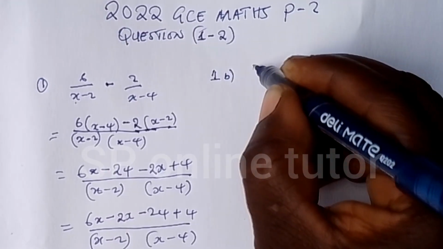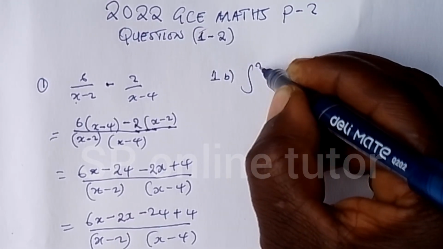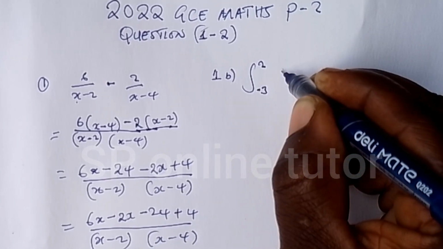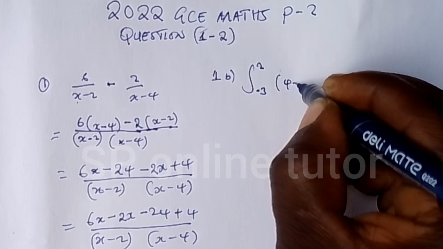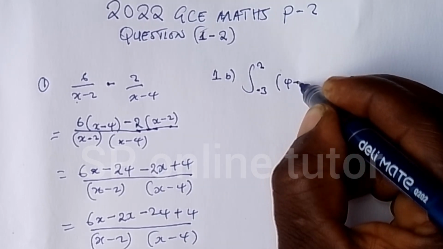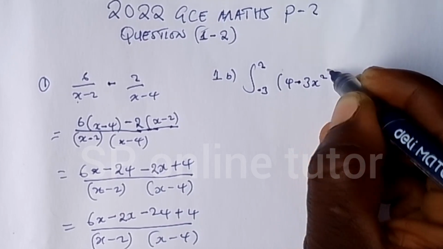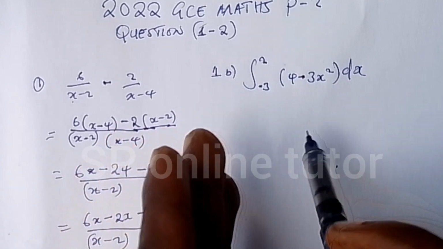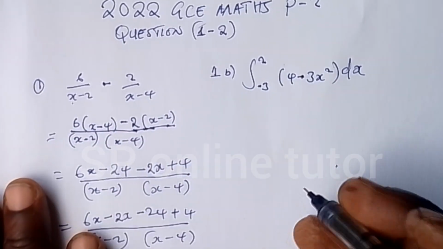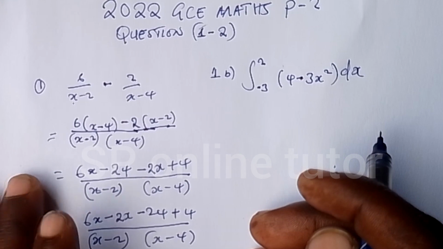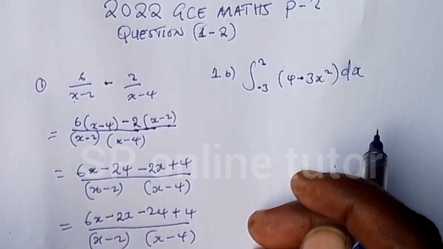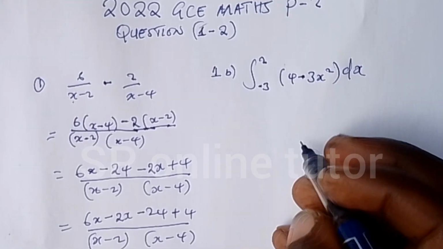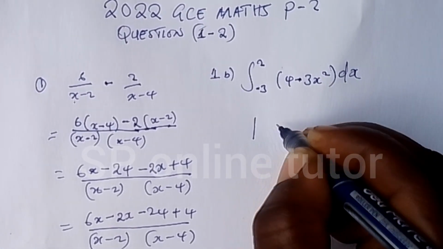It says we have to integrate. We have the upper limit, which is 2, the lower limit, it is minus 3, then open bracket 4 minus 3x squared, dx. So we have to integrate these terms which we have here. For integrating, it means that we are adding another power to these terms.